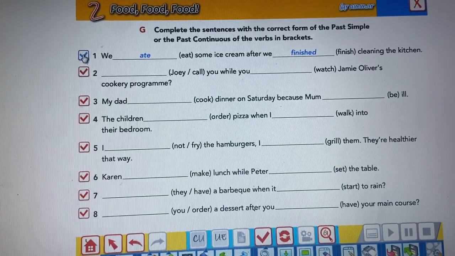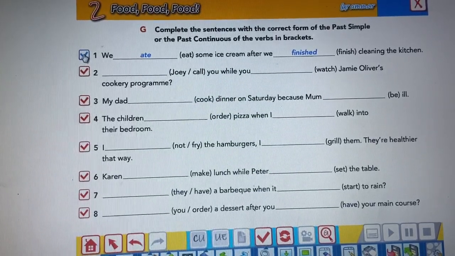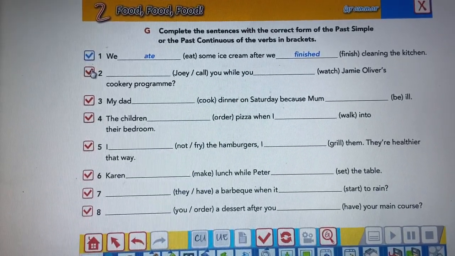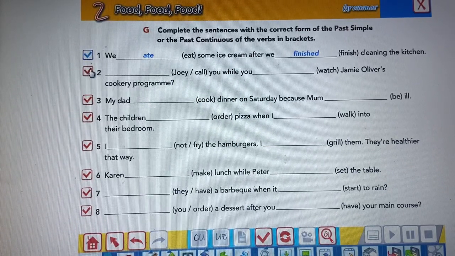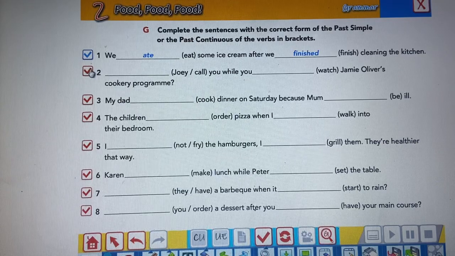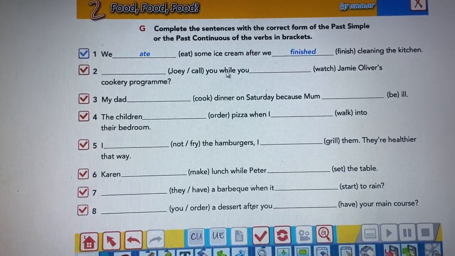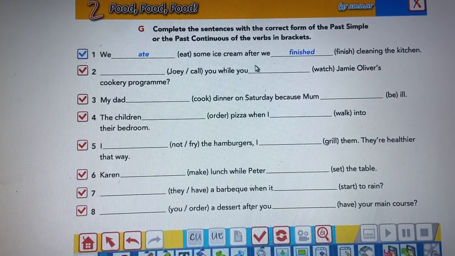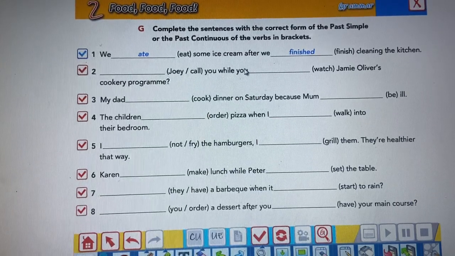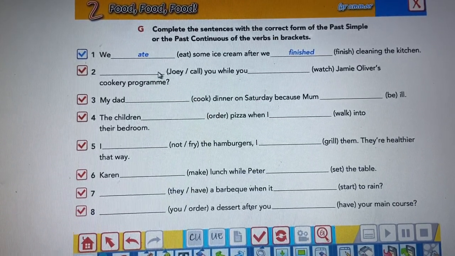Number 2, Joey call you while you watch Jamie Oliver's cookery program. So, number 2, we have a keyword or a time expression, while. So, while tells me that I'm going to use the past continuous form in this space. So, you were watching, and this one we're going to form a question.